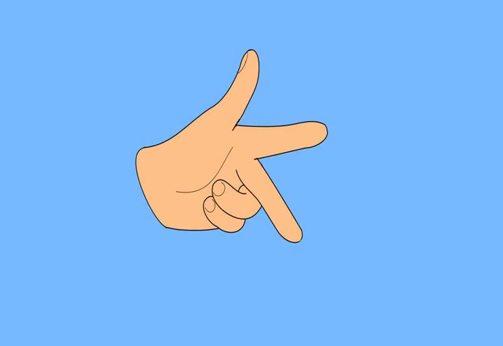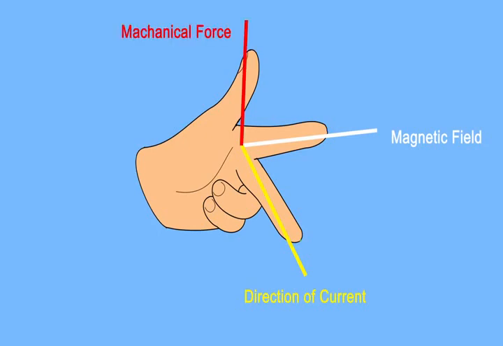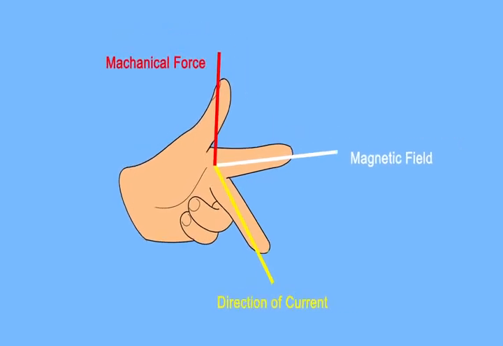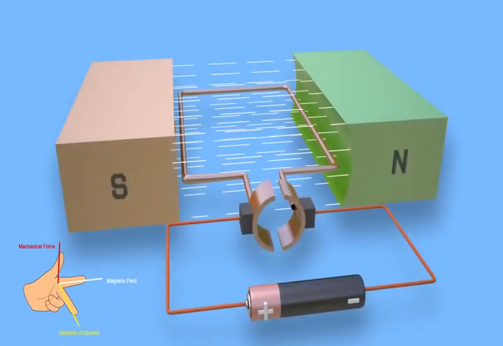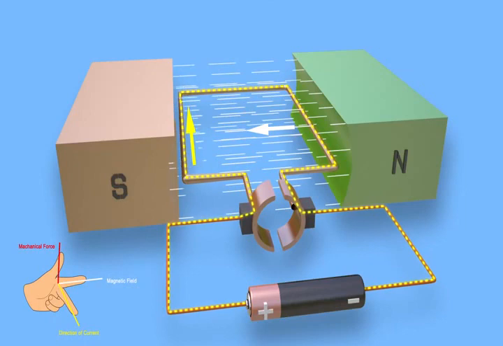Spread out your left thumb, forefinger, and second finger so they are all at 90 degrees to one another. If the forefinger is aligned in the direction of the magnetic field, from north pole to south pole, and the second finger is aligned in the direction of the current in the left side conductor, then the thumb indicates the direction of mechanical force. This is clearly upward here.